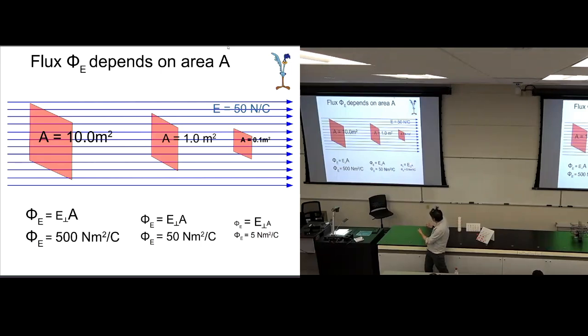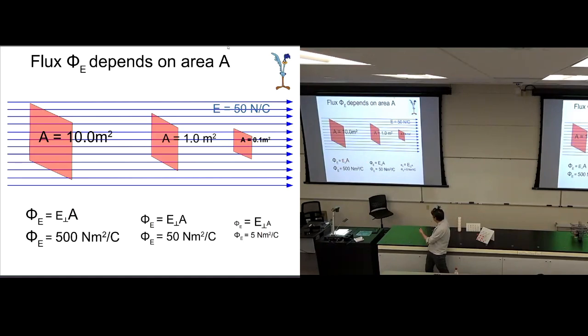The surfaces are perpendicular to the electrical field. The electrical field's all running left to right, and the surfaces are all standing vertically, so the two directions of the faces are perpendicular to one another. I'm just going to use the equation for the size of the flux: the perpendicular electrical field times the area of the surface.